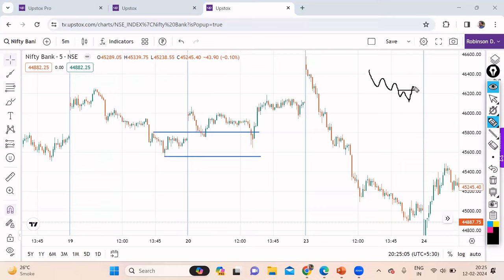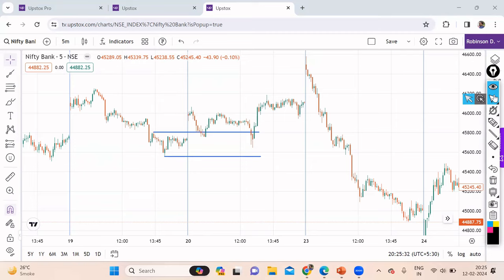It will either break this and then break this, or it will directly break this and change the trend. These are the two possibilities that we are looking at. But mostly, if the last swing is small, you may always see a reversal day on that particular trading day, and this is only for intraday.